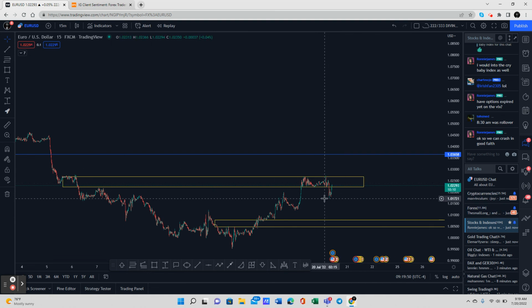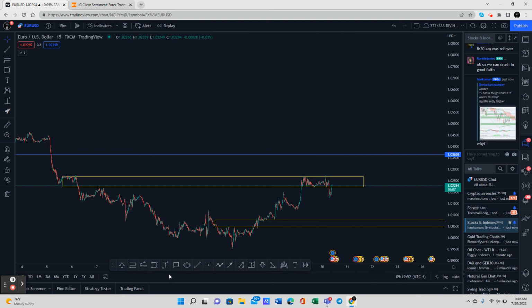If I'm taking this short, I need to clear this level. So what am I doing? I have a sell stop order right here, ready to go, and I have a buy stop order up here, ready to go. If we get up to the upside, I want to see these levels.